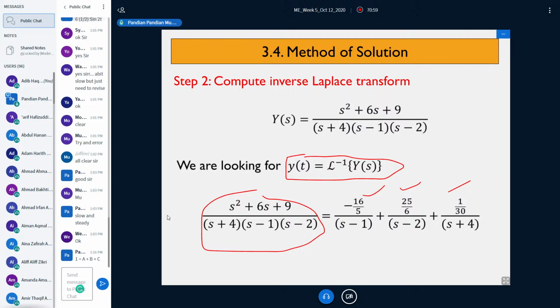Now, for s power 1 is 6. So s power 1, you have 2A plus 3B minus 3C.